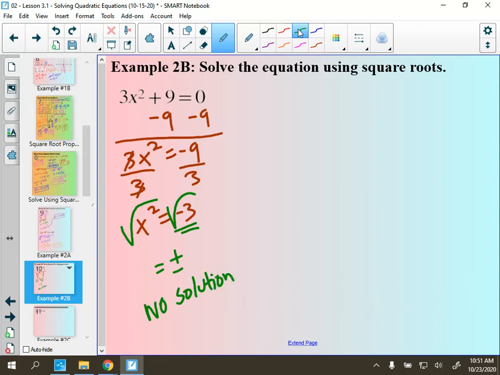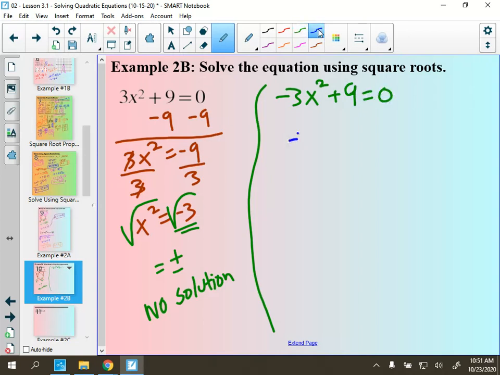Okay, just be careful. A similar problem that you might jump too soon on. What did I change? Not much. Well, how would I solve this one? I'd subtract a 9 again, so I'm going to be at -3x squared equals -9. Sometimes people see this and say, oh, there's a negative number over there, this is a no solution, forget it.